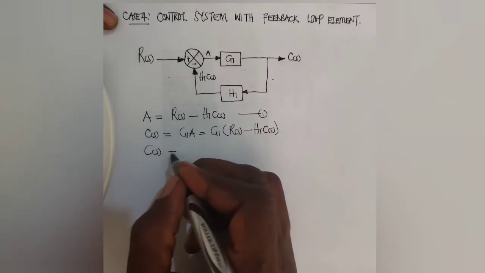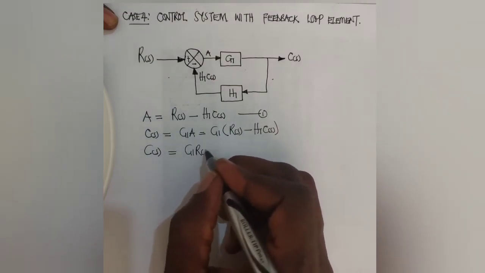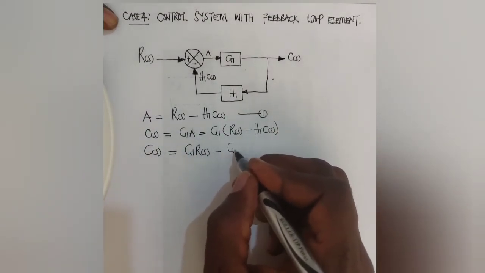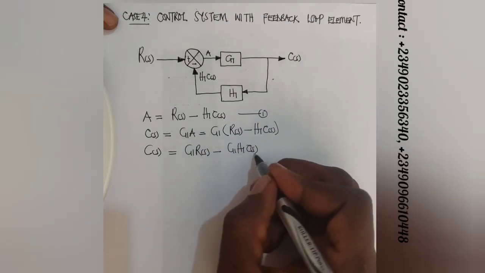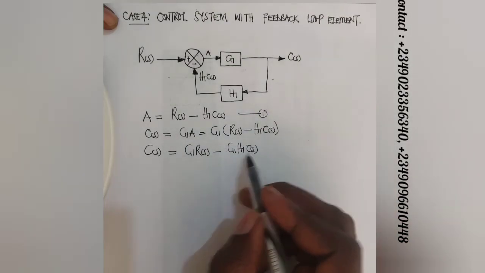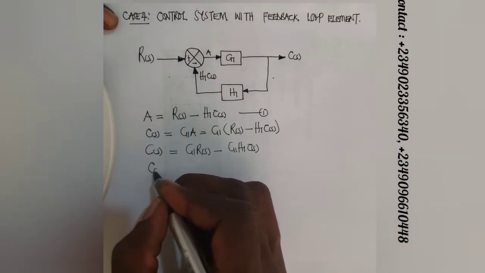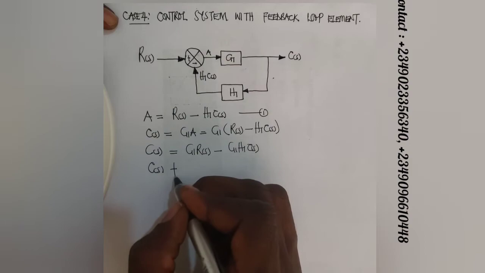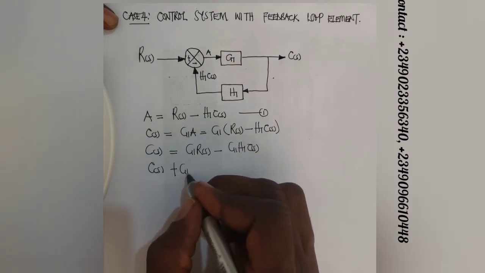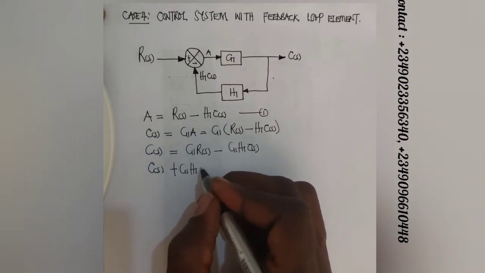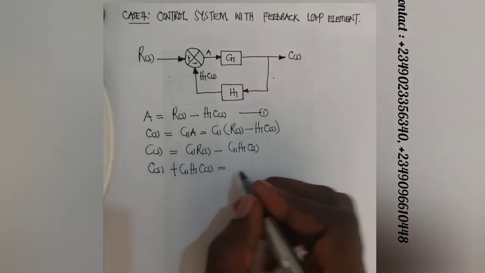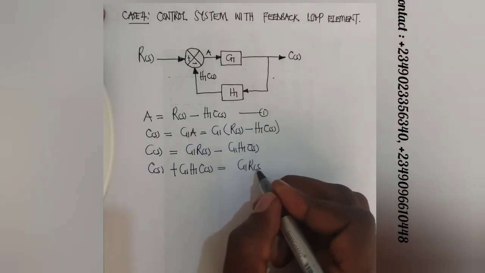So my CS will give me G1 RS minus G1 H1 CS. So you collect similar terms. There is CS here, there is CS here. So when you bring your CS to the side, it becomes positive. So I'm going to have CS plus G1 H1 CS equal to G1 RS.